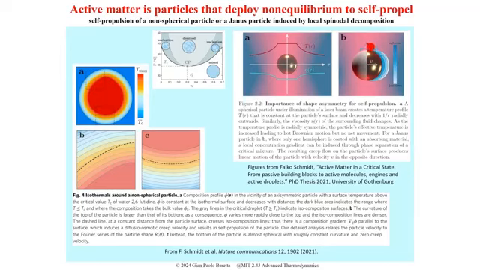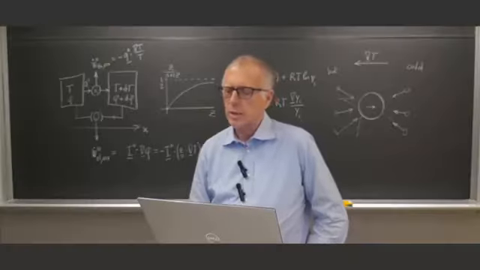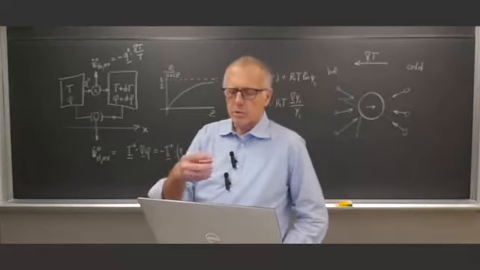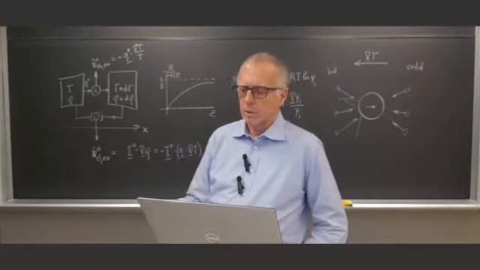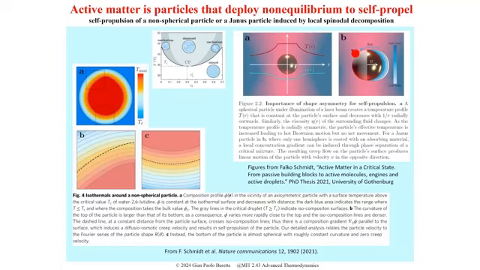So for the Janus particles, the asymmetry is in the fact that you have more heating on one side than on the other, and therefore you generate a concentration gradient from this side to the other side, and that movement of particles in one direction propels the big particle in the other direction, and so you get the particle to move.